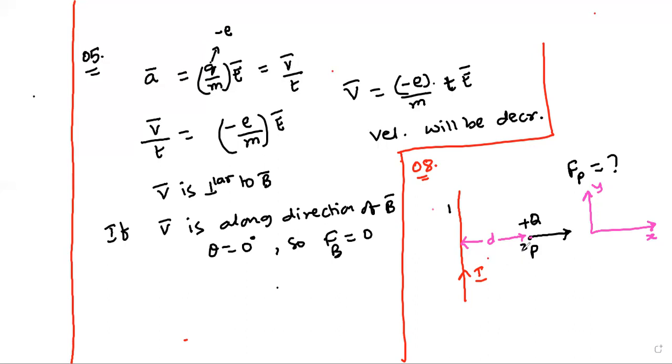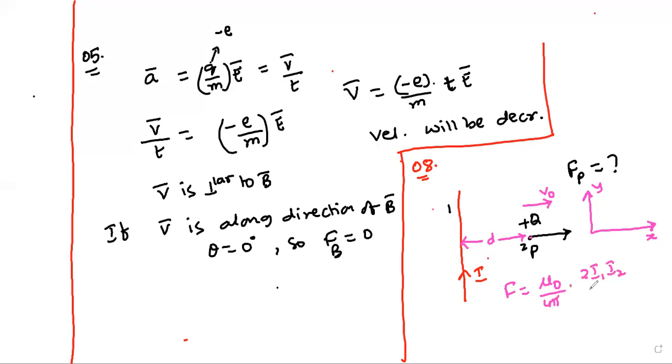This charge q is moving with a velocity v naught along y. So, force I can write as F equal to mu naught by 4 pi.